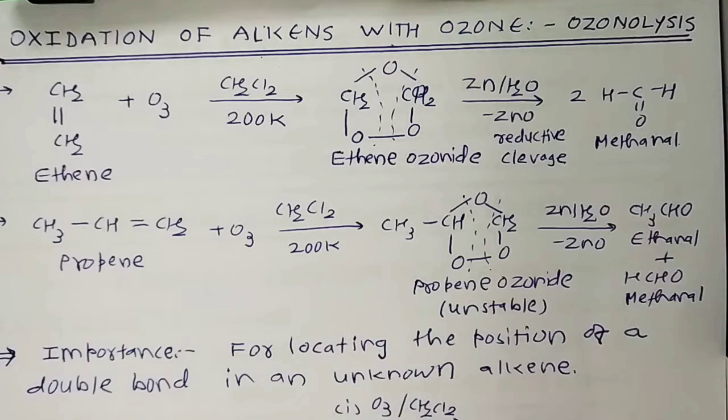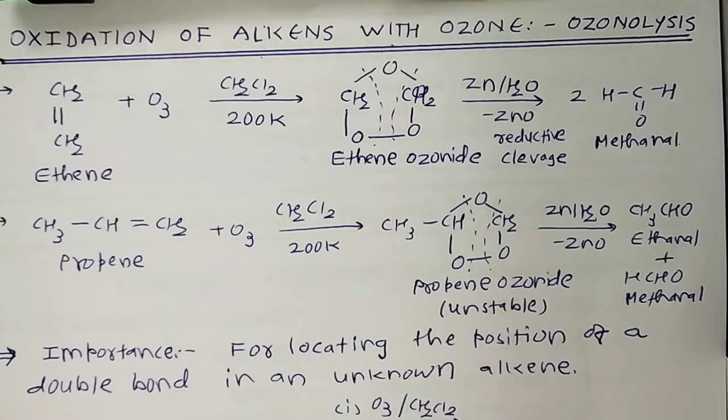Number 2 is controlled oxidation, in the presence of an oxidizing agent like cold and dilute KMnO4. This reaction is also called a hydroxylation reaction, and it gives vicinal or 1,2-diols. Then there is oxidation with hot KMnO4, which gives a carboxylic acid.